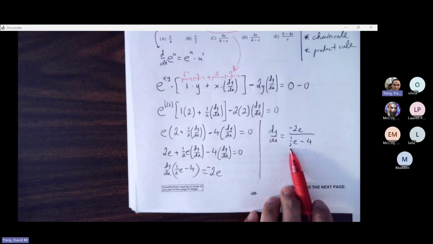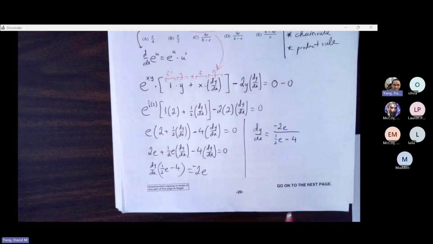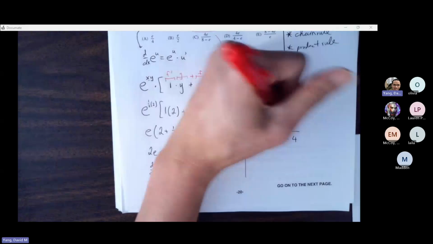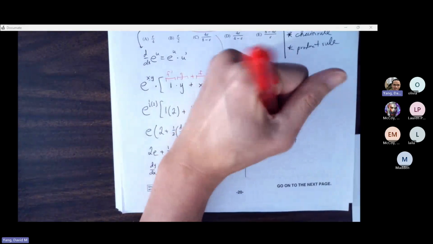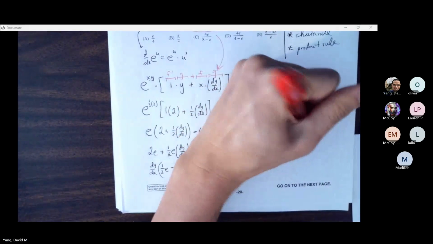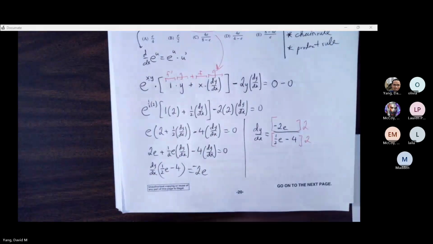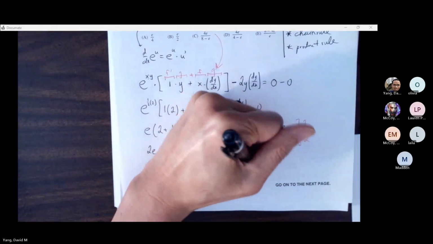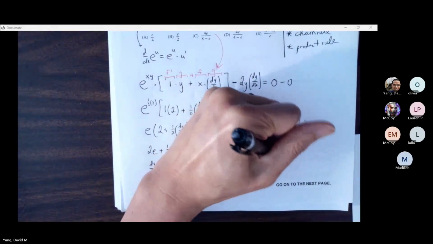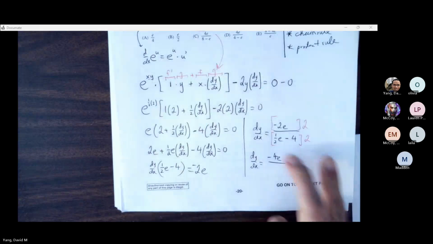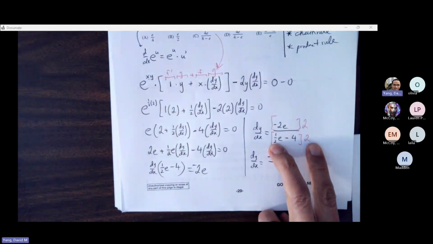So there's a complex fraction here. If I multiply the numerator and denominator by 2, I can get rid of that 1/2 in the denominator. One half e times 2 is just going to be e.